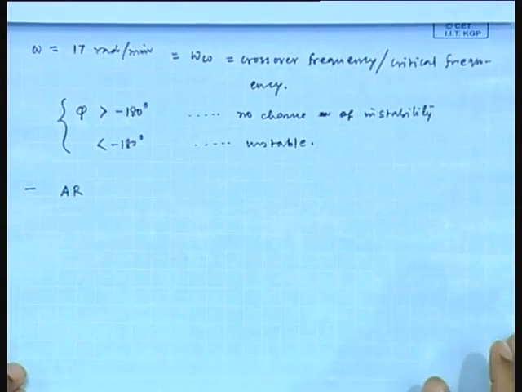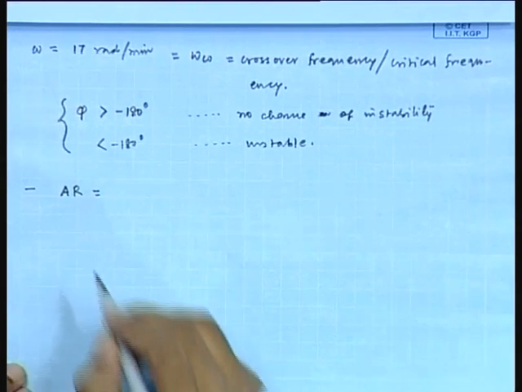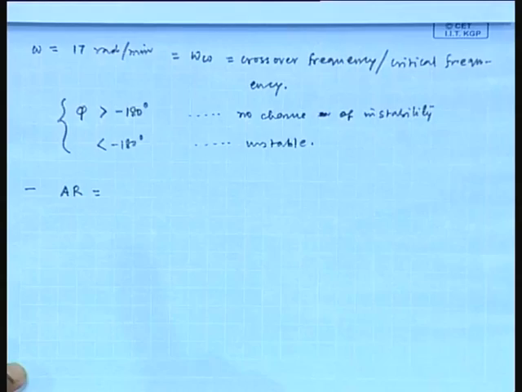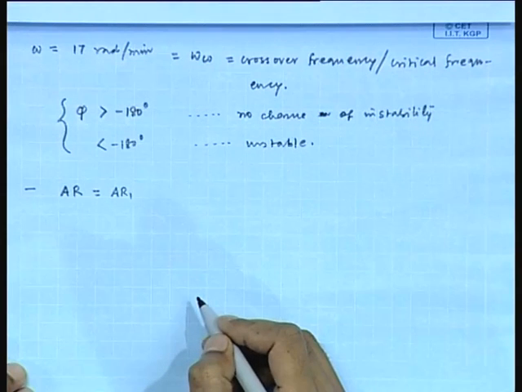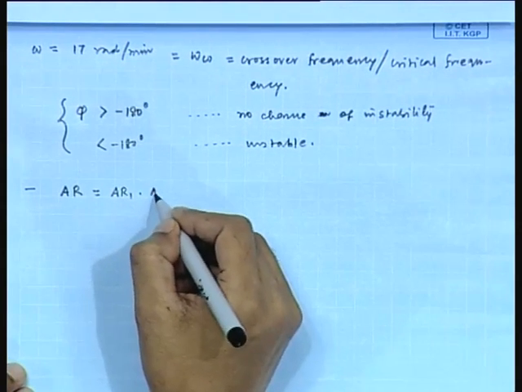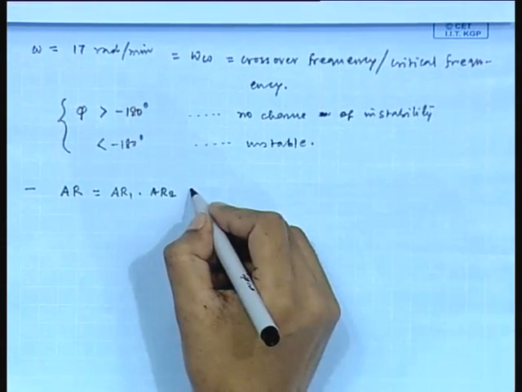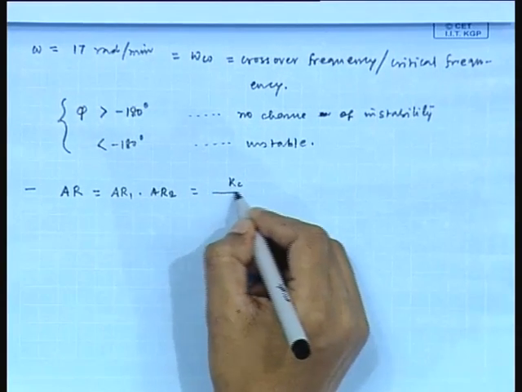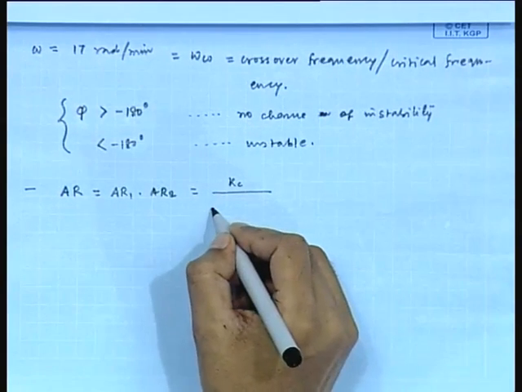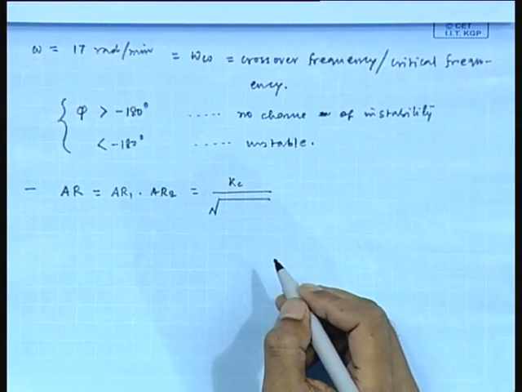How can we calculate the amplitude ratio? If we consider the first order system and the dead time system, that means there are two systems. So, we can write the overall amplitude ratio equal to the multiplication of two individual amplitude ratios. For the first order system, we know the amplitude ratio is written as process gain divided by square root of tau square omega square plus 1.